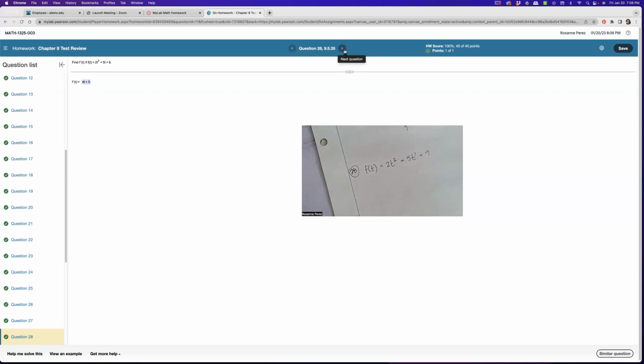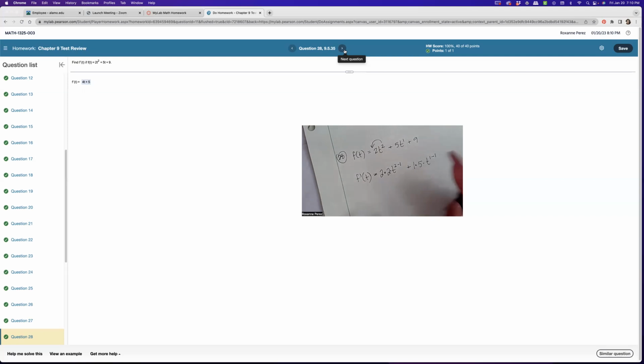I'm going to put my 1 here. So f prime of t equals, I bring this to the front, I multiply it. So 2 times 2t to the 2 minus 1, plus 1 times 5 times t to the 1 minus 1. And like I said, the constant, it falls off.